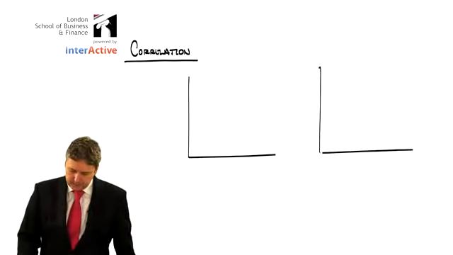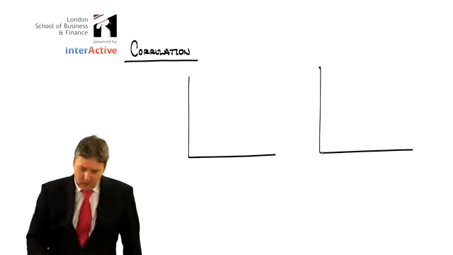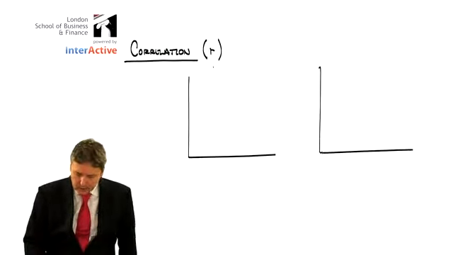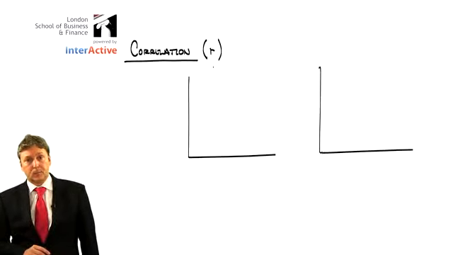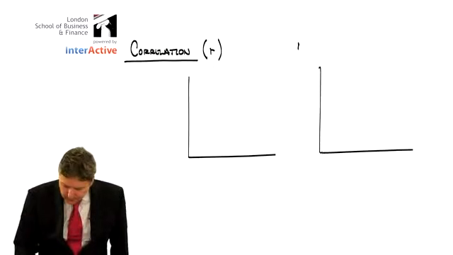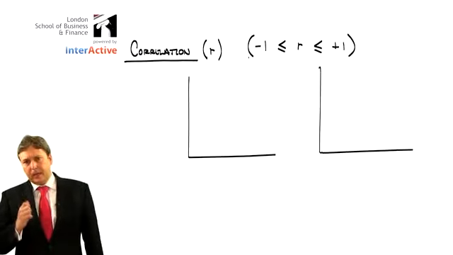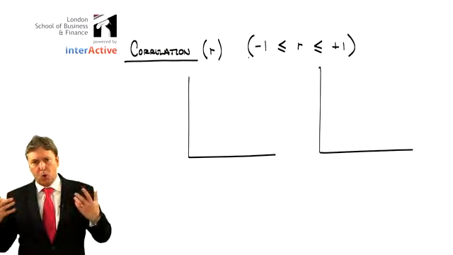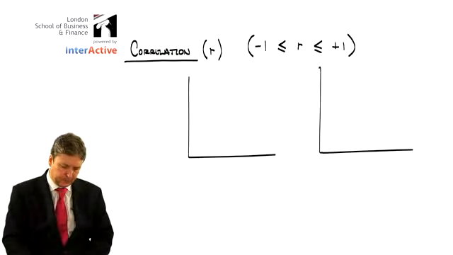Now let's start with the extreme values. The correlation coefficient, as we will learn to call it, is given the value R. And we will find that R has a value greater than or equal to -1 and less than or equal to +1. Now, that being the case, let's establish what -1 and +1 means in relation to this.